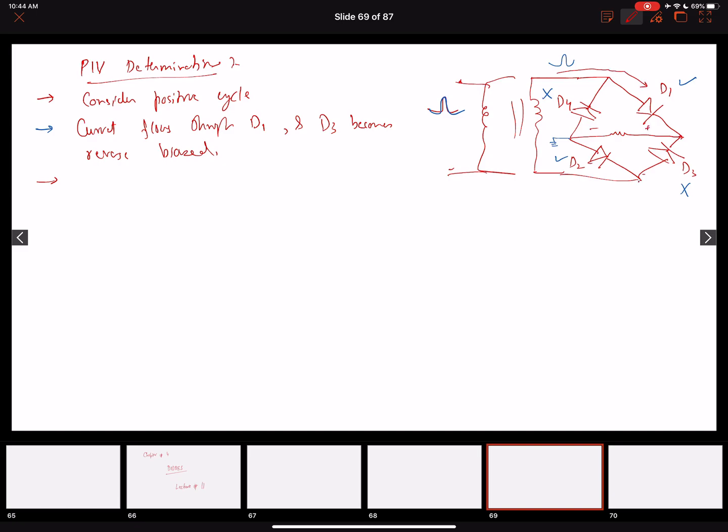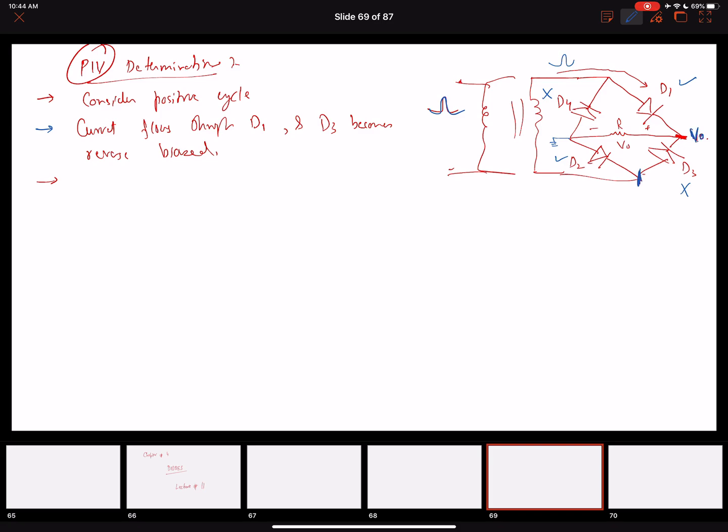And if you remember, what is the voltage drop here? V0. So over here, at this point of that diode, we have a V0 that is appearing. So D3 will become reverse biased, right? And we are interested in finding the peak value of the reverse voltage that can appear across this D3, right? So V0, at this point during the positive cycle, the potential is V0.